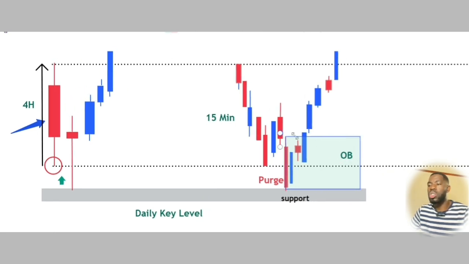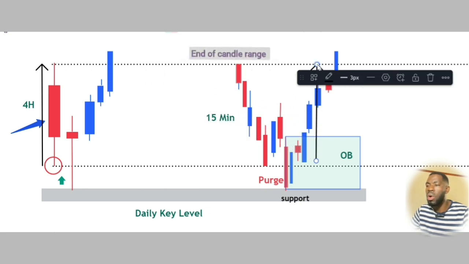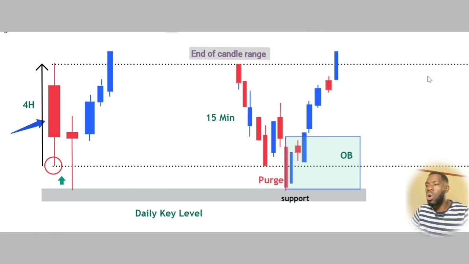In a lower time frame now we are looking to enter the market to take advantage so that we can buy all the way to the end of the range here. You see the end of this candle, we are looking to buy up to the end of the range of that candle. So we want to look for confluence here to enter the market.